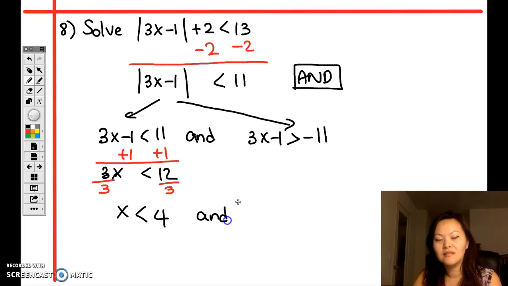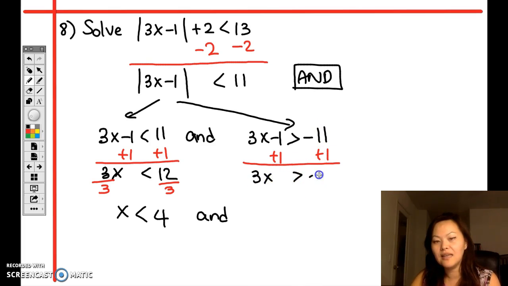And let's do the other side, okay? So you add 1 to both sides. And then you have 3x is greater than negative 10. So now we divide both sides by 3. We've been doing this so many times. x is now greater than negative 10 over 3.